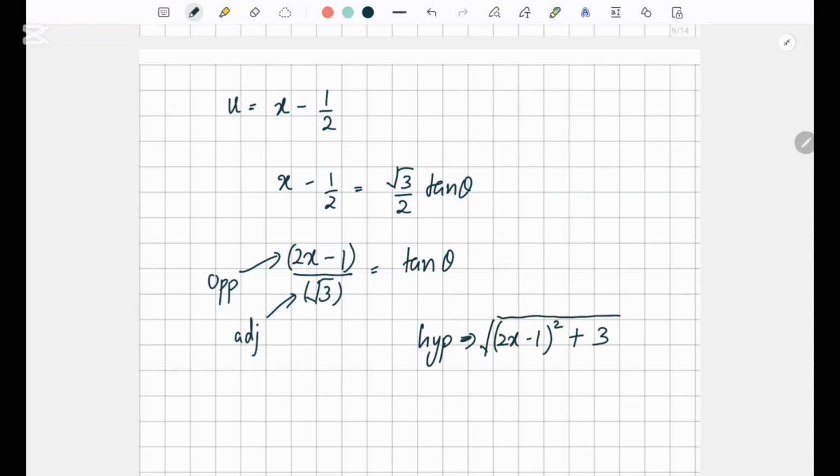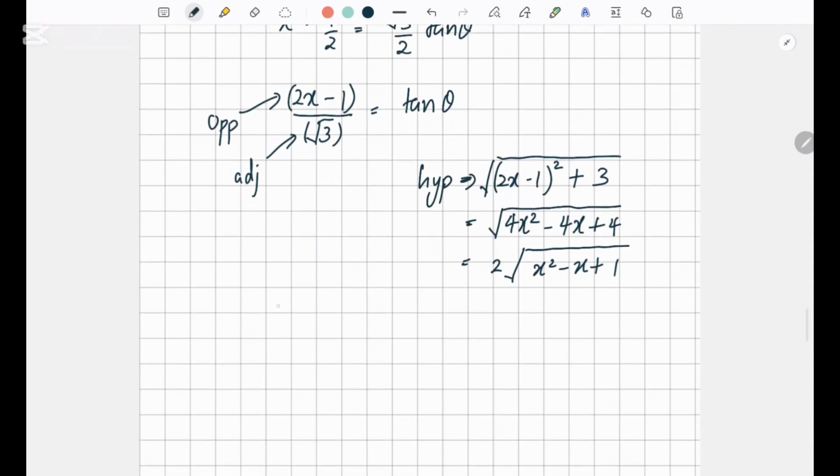So this would be root of 4x squared minus 4x plus 4. Now we could take 4 out, you could do that if you want. So let's do that. So it's going to be 2 into root x squared minus x plus 1.